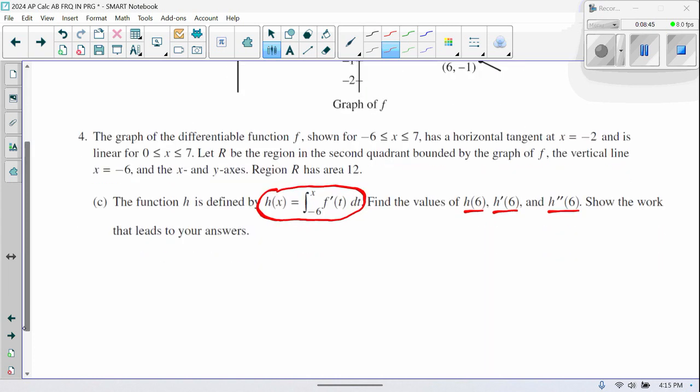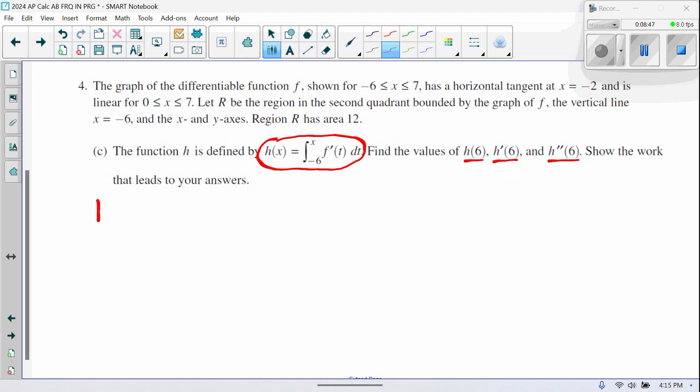All right, let's first start with h of 6. All I'm going to do is throw a 6 in for my x. So it's the integral from -6 to 6 of f prime of t dt.